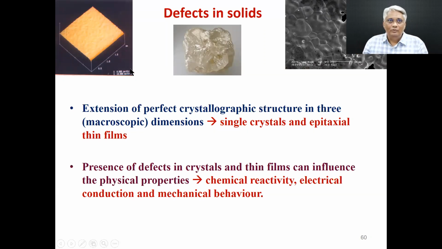And in thin film form, what you see on the left-hand side there, of course, a thin film is also crystalline, but it is limited by its thickness. Length and breadth wise, it's fine.